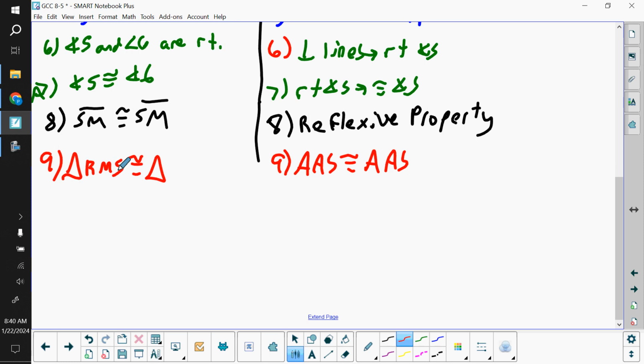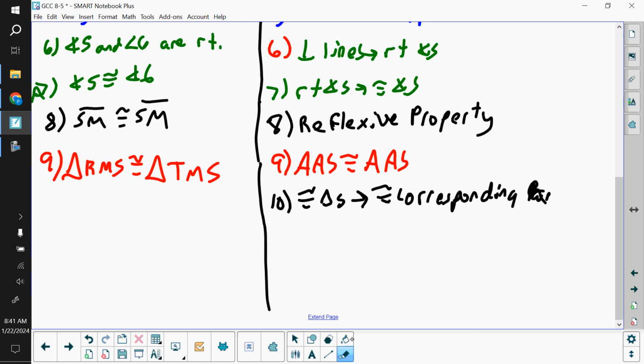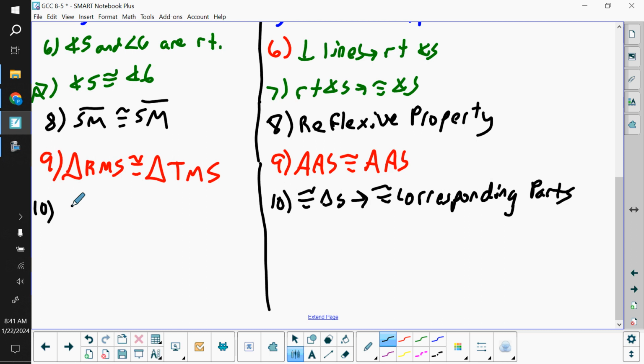So R was our angle that had two marks in our picture, so that's going to be congruent to T. M was our right angle, so that's M, and then the other one is S. And then the thing that we wanted to prove is that SR is congruent to ST, so we can then do congruent triangles implies congruent corresponding parts. So that's SR congruent to ST.